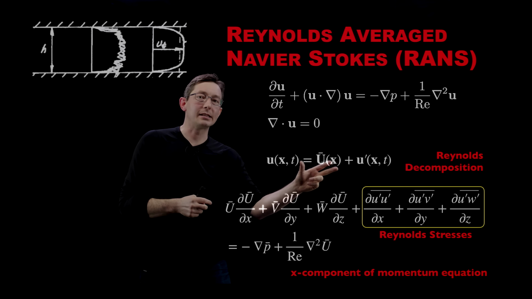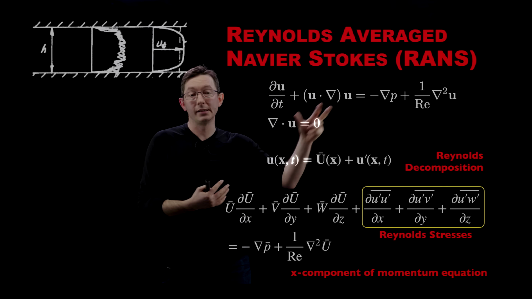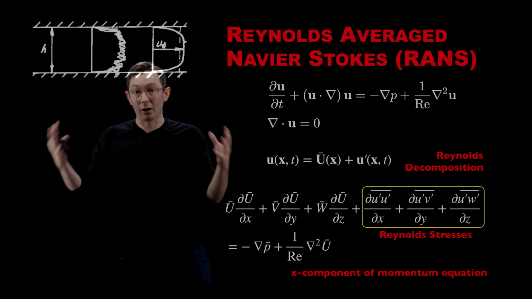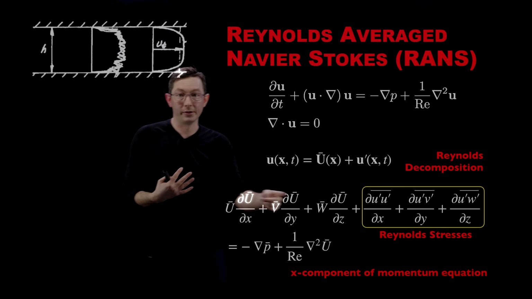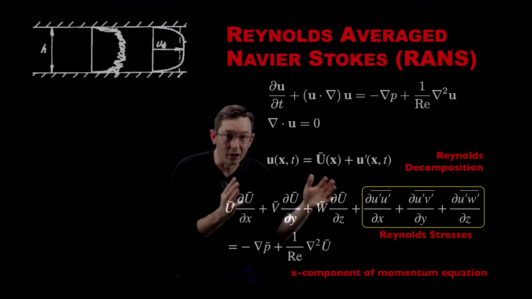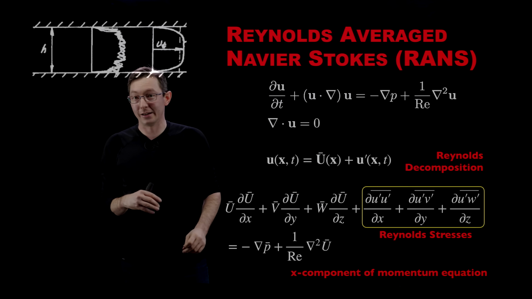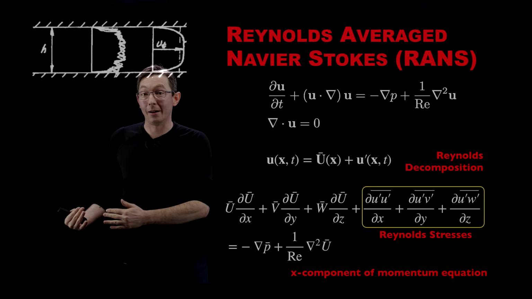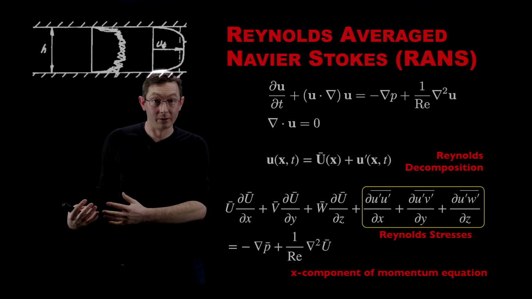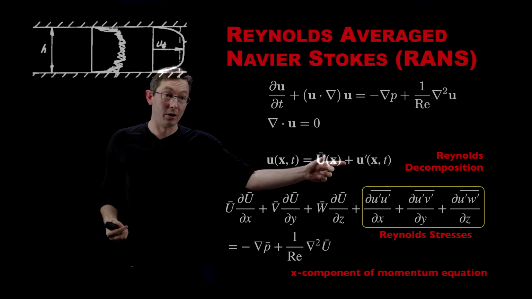And if you take this Reynolds decomposition and plug it into your Navier Stokes equations, you can get some bulk equations for the mean flow variables, for these u-bar variables. But those bulk equations always have these pesky terms called the Reynolds stresses, which depend on those turbulent fluctuations, which we would rather not model. We would rather not simulate those. We want to just account for their effect on the big scales in u-bar.